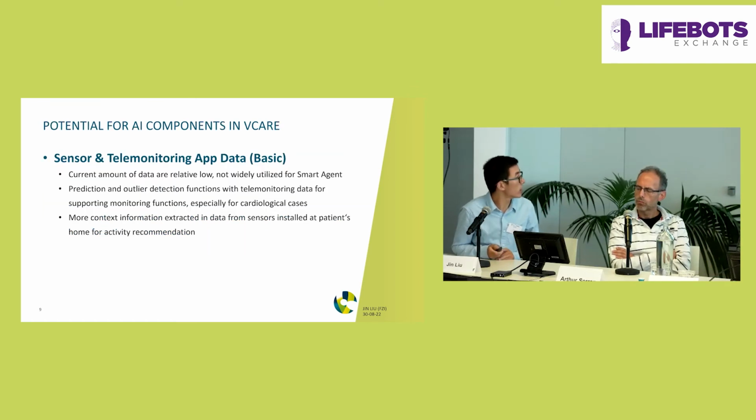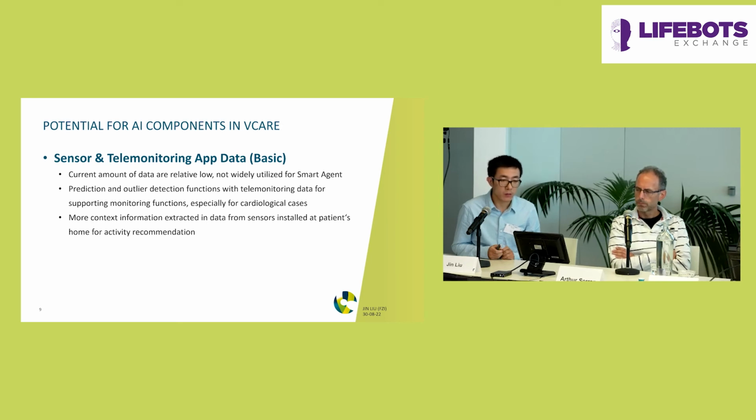Now we have finished our demo of 2 use cases, and we have further tried to search for potentials for the AI components in the future of the VK project. The first, basic one is about the sensor and telemetry app data. Currently in the system, the amount is relatively low, so our smart agent cannot utilize all this kind of data.